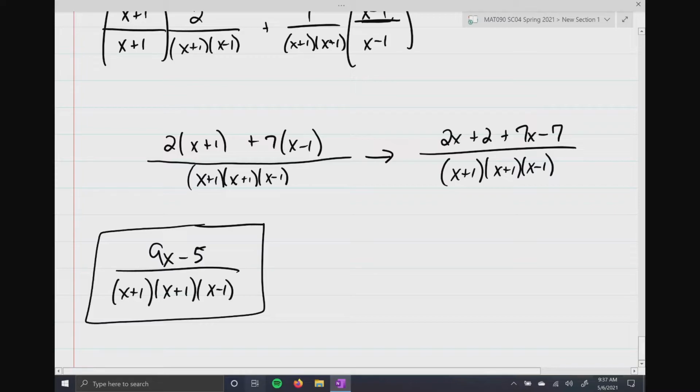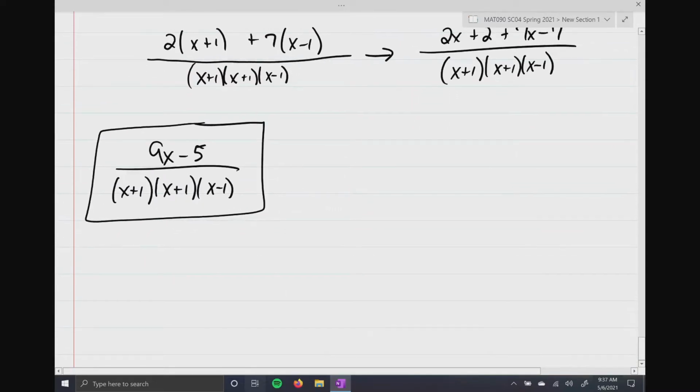All right, any questions? All right, now there are two things that you're definitely going to want to remember. And you should have that factoring flow chart to help you.